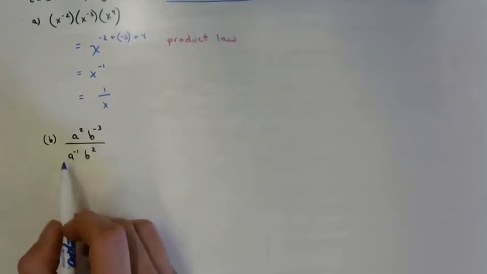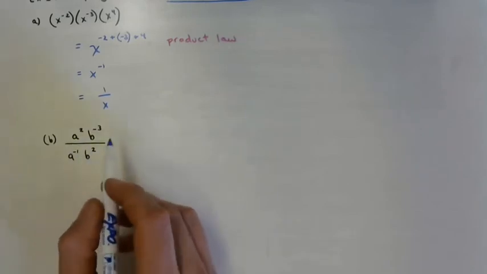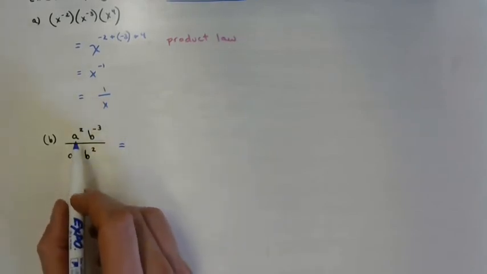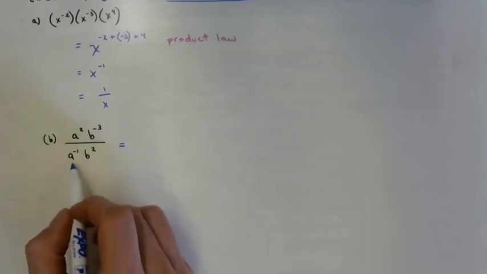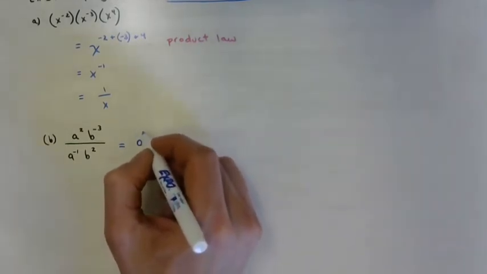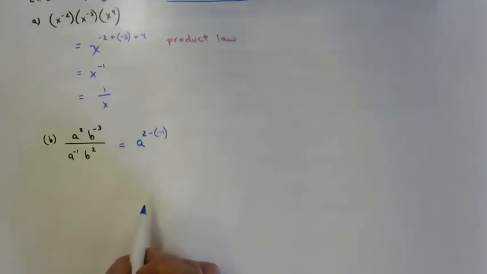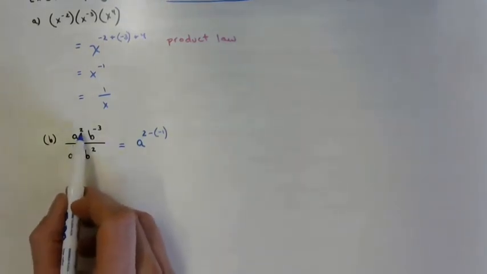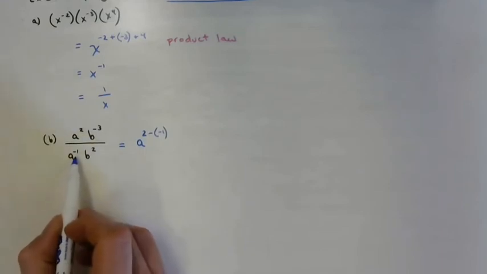But what else I can do is just relate my common bases, and I can say, okay, I have a power with a base A being divided by a power with a base A. So I can just think about my A's, and I have 2 minus -1 as the exponent, because the exponent in the numerator is 2, being divided by A with an exponent of -1.